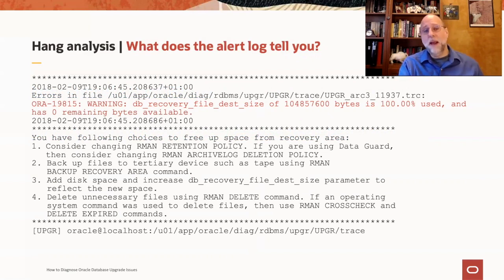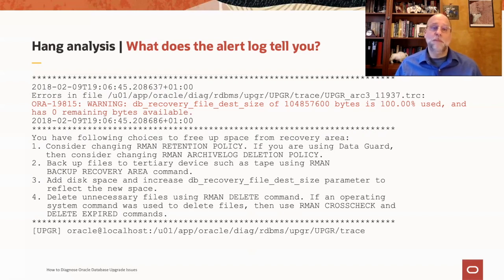This means in this case, I had said I have a guaranteed restore point for my upgrade, which allows me to flash back to the previous version if my upgrade doesn't succeed. So that's a great fallback strategy, but you do have to make sure you have enough space in your flash recovery area to maintain that guaranteed restore point. And in this case, I had a ridiculously small flash recovery area of only 100 meg, and it quickly filled up while I was doing the upgrade.